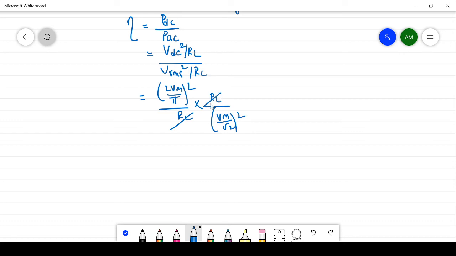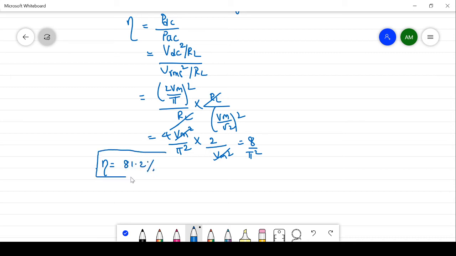So RL cancels, then 4Vm square by pi square, into root 2 whole square shifted to the denominator, so 2 by Vm square. So Vm square cancels here, finally 8 by pi square. So then the efficiency of the full wave rectifier is 81.2%.